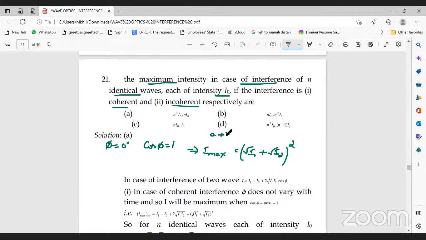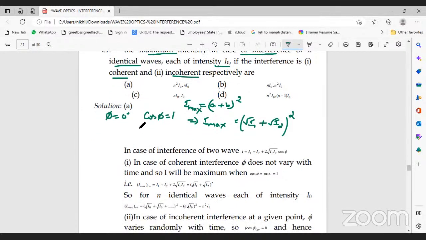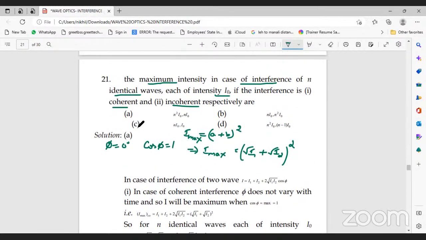In terms of amplitude, maximum intensity is A plus B whole square. In terms of intensity, maximum intensity is root I1 plus root I2 whole square. But remember, we don't have only one or two waves. How many identical waves do we have?